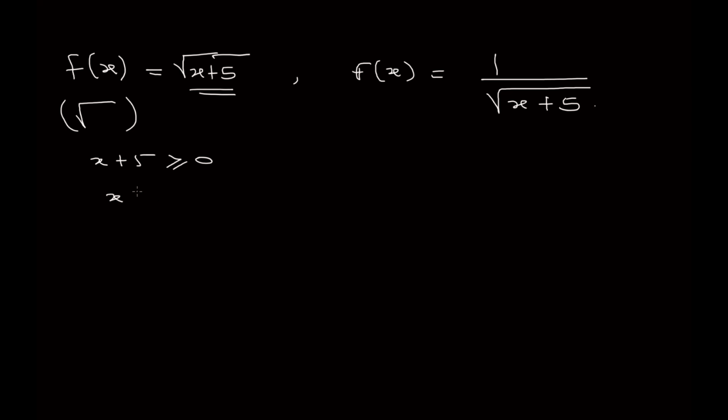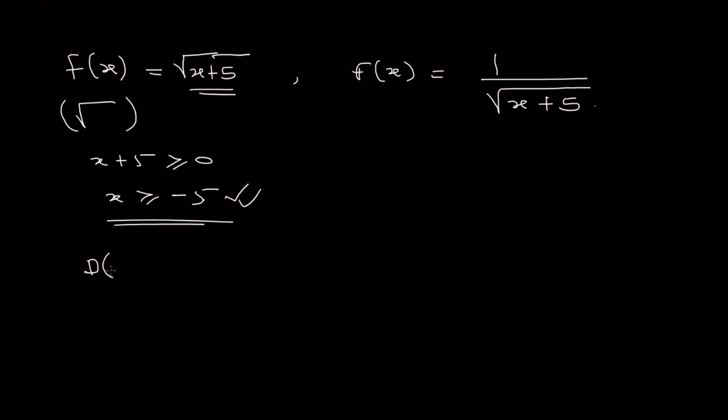So now x will be greater or equal to -5, which means everything above this number works. If I were to put -6 here, I'll have -1 in here, which is not going to give us a defined function.